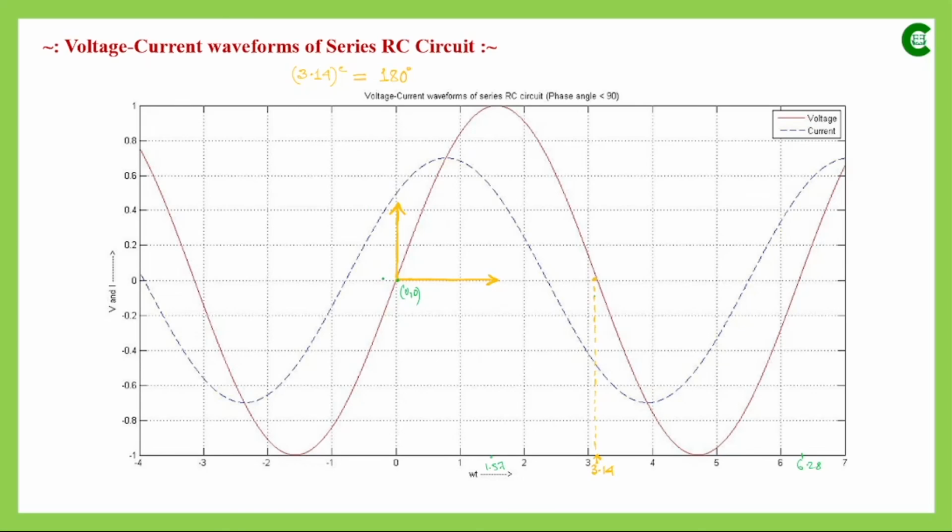Now on the left side of that voltage signal, we can see that the current is starting at this point, and when the voltage has zero value, the current has some other value which is not zero.